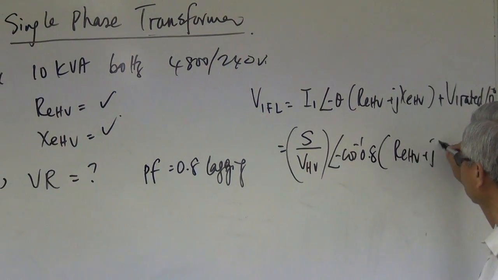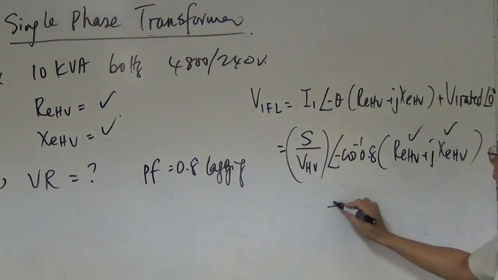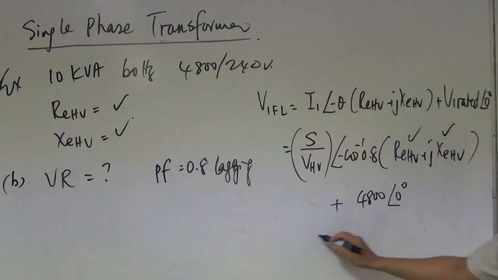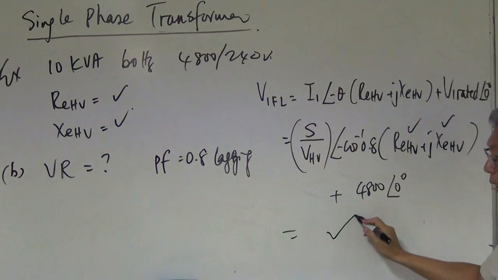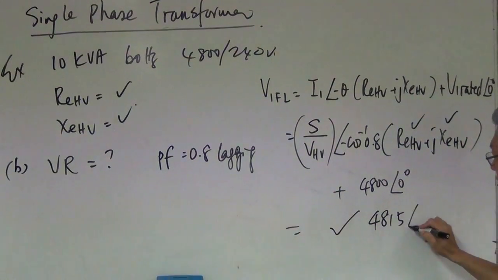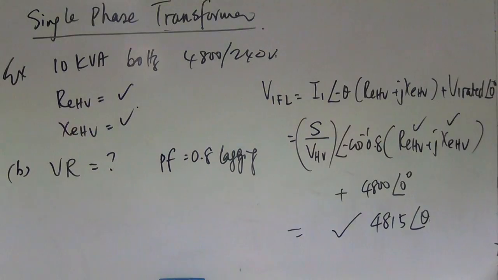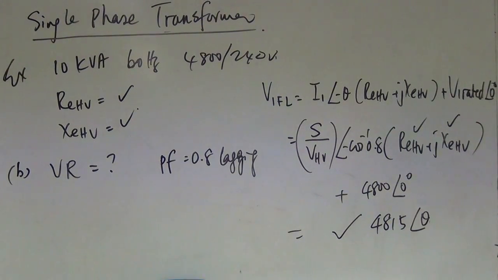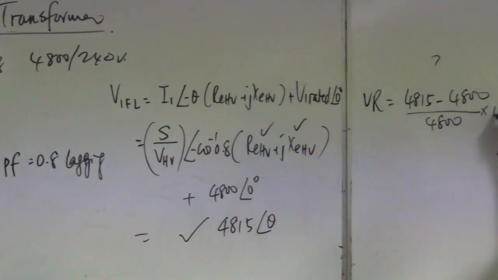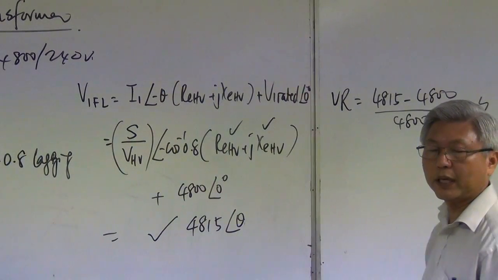REHV plus JXEHV are given in the question, plus V1 rated, which is 4800. I perform my mathematics using complex numbers and get an answer. For example, if the answer is 4815, then my voltage regulation is 4815 minus 4800, divided by 4800, times 100%. Got it? That's all for voltage regulation.